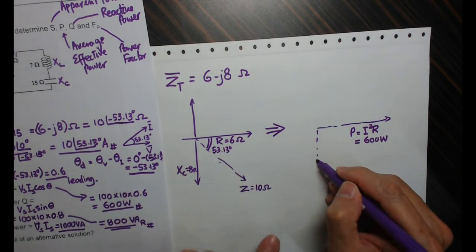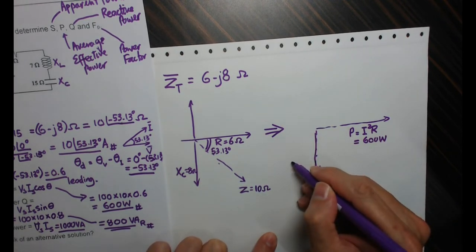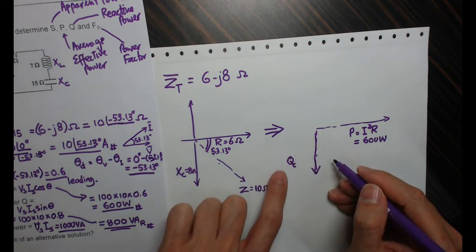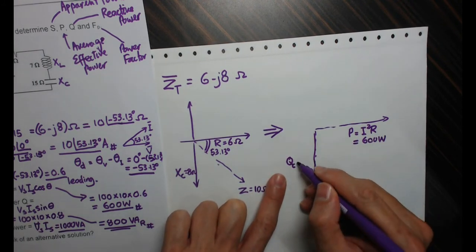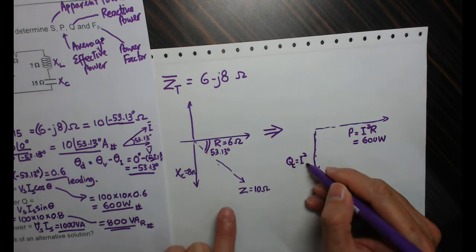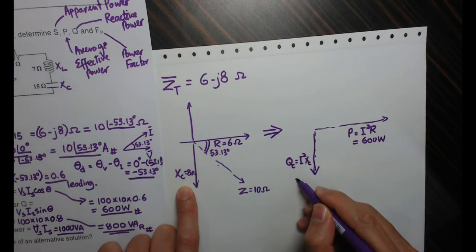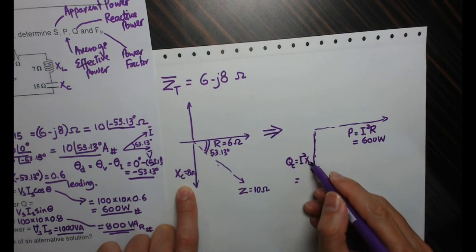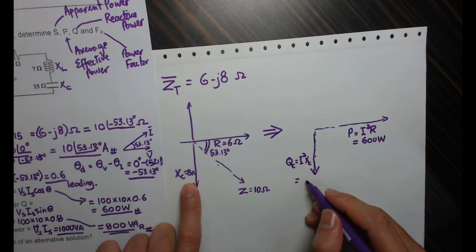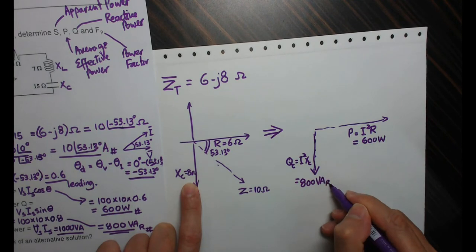And similarly in this direction, we have the Q, in this case QC, because we know it's capacitive, and this is calculated as I squared XC. So that will give me 10 times 10 times XC, which is 8, so that's 800 VAR.